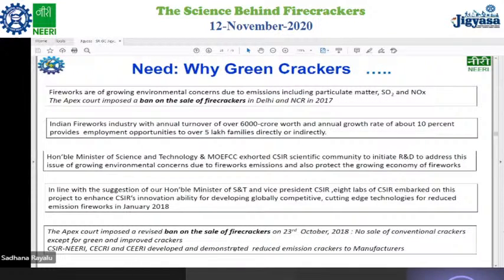First thing is, we should not be ignoring the environmental issue. We should definitely be addressing the environmental problem, but at the same time try to protect the lives of so many people who were dependent on this.